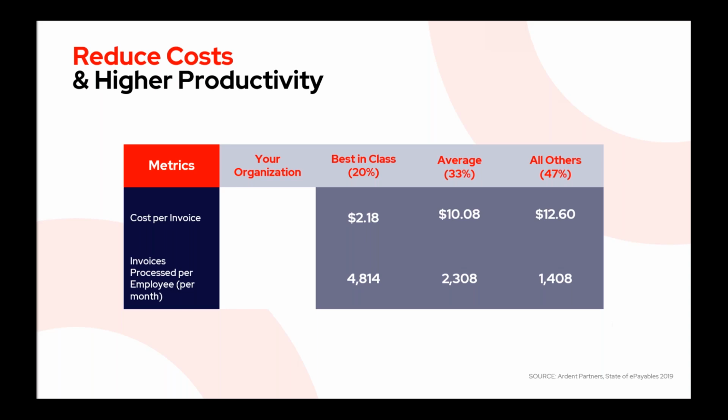The best in class companies are still paying above $2 per invoice, which is really actually great. And basically with CloudOCR, with the technologies that TSC can provide, especially with the power of Onbase and CloudOCR working together, we want to get you in that best in class category, essentially, where you're paying well under the average, basically 5 times less than that average number.